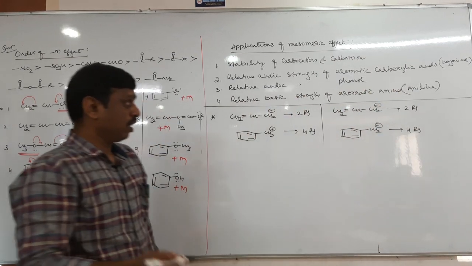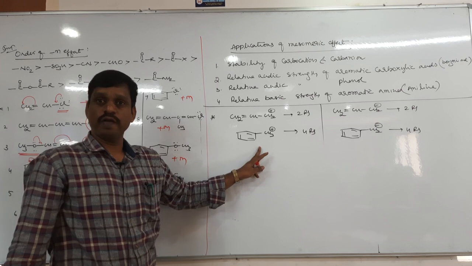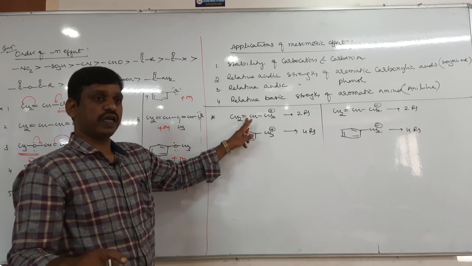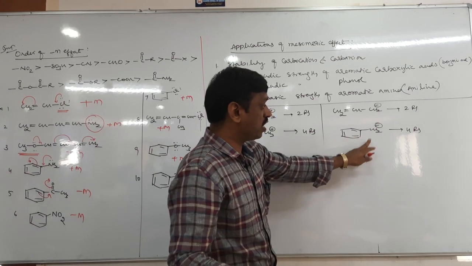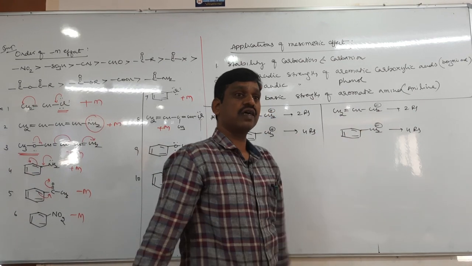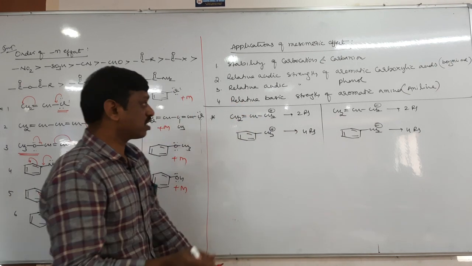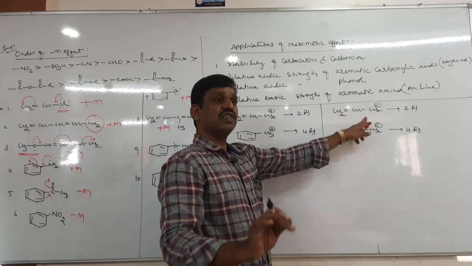Now if you compare allylic and benzylic carbocation, which is most stable? Obviously benzylic carbocation is most stable compared to allylic carbocation. Then benzylic carbanion is most stable compared to allylic carbanion. Then what is the stability comparison of allylic carbocation and benzylic carbanion? There is no comparison.